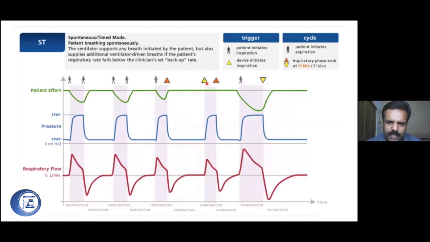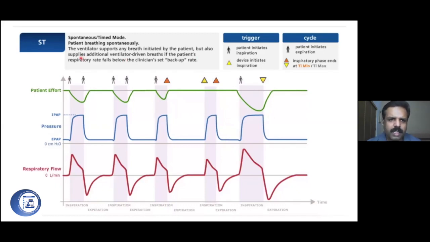So in between, if there is a huge gap or the patient is not taking a breath, the machine will sense that and generate a breath. This yellow indicates a machine generated breath, otherwise it is the spontaneous breath. So this is how it is done.